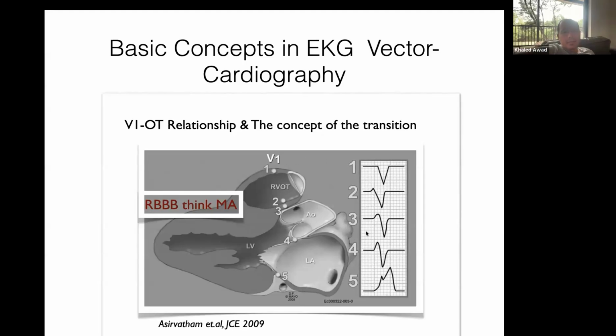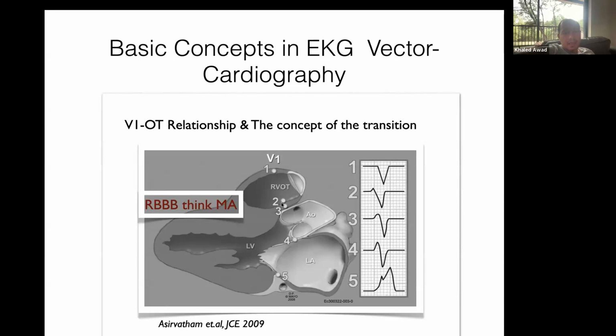Where does the deflection turn from positive to negative or from negative to positive? That's very important. That tells us roughly how far we are relative to the EKG system itself. V1, for example, is very close to the chest wall. So if we had something coming out of V1, it'll be very negative.